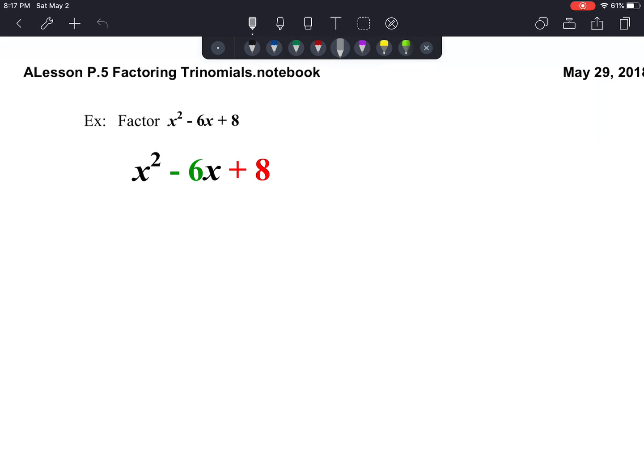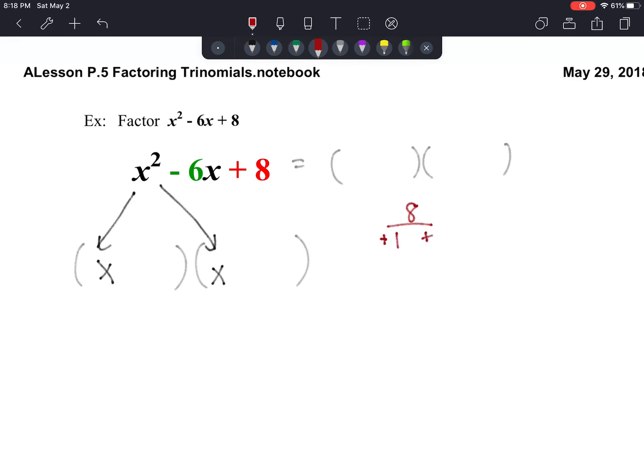Let's try x squared minus 6x plus 8. Okay, how does that factor? So I'm going to come over here and show my work. X times x gets me back to x squared. And now I need a positive 8.